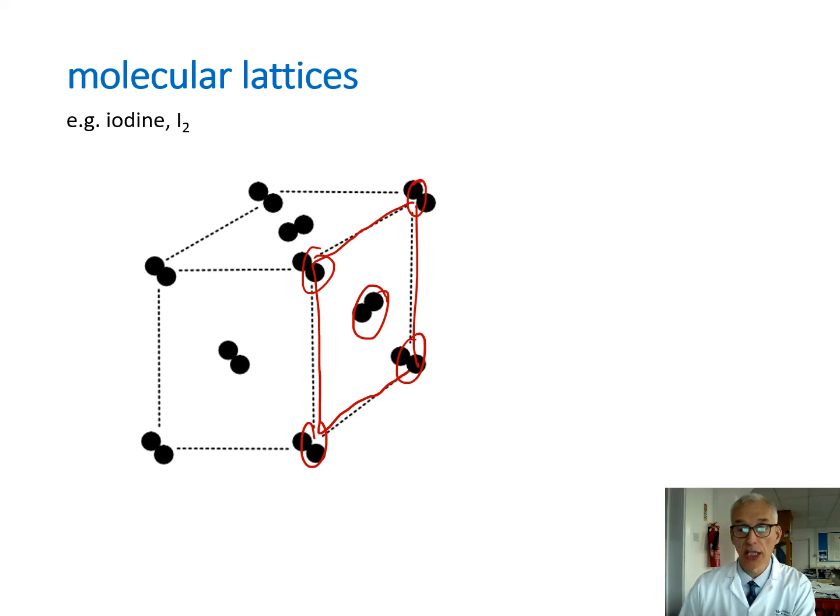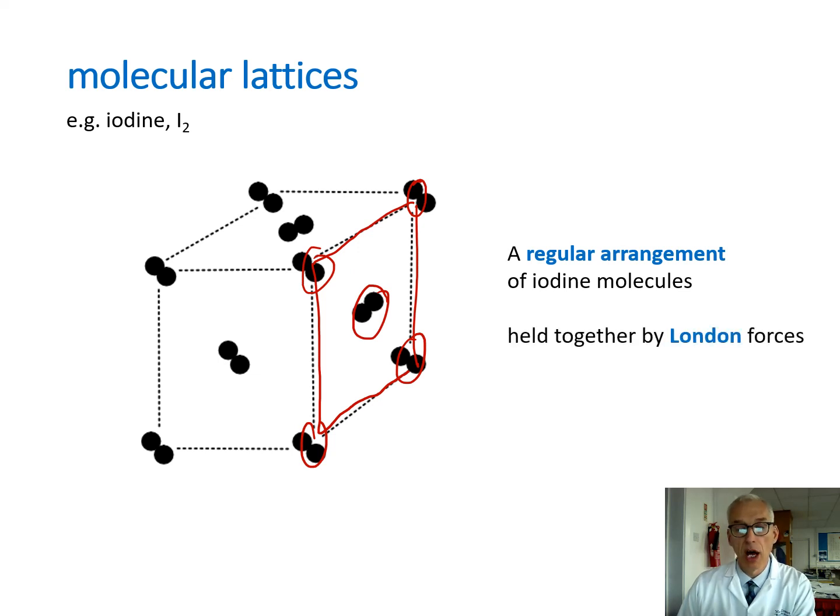But of course the key point is that we have a regular arrangement of iodine molecules. They are only held in place by London forces. There are no chemical bonds between the iodine molecules, key word.